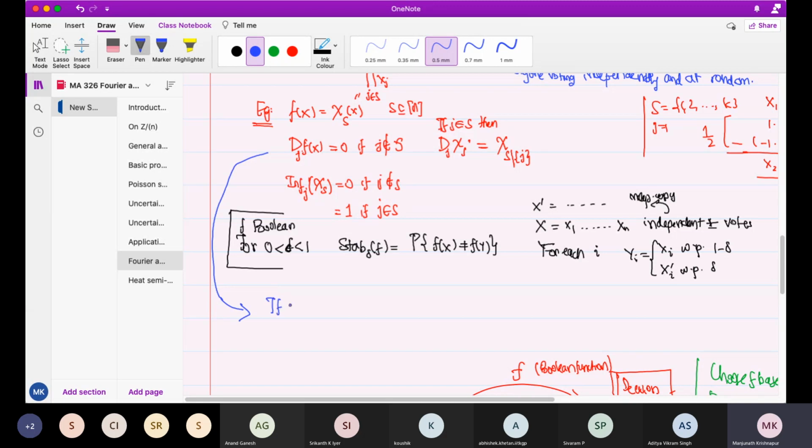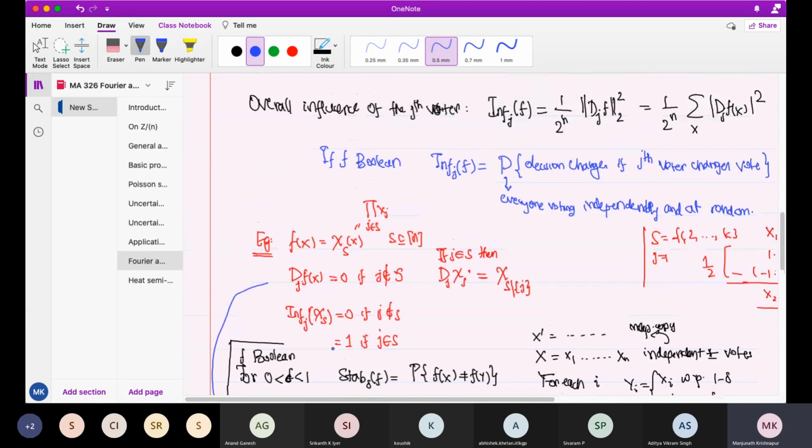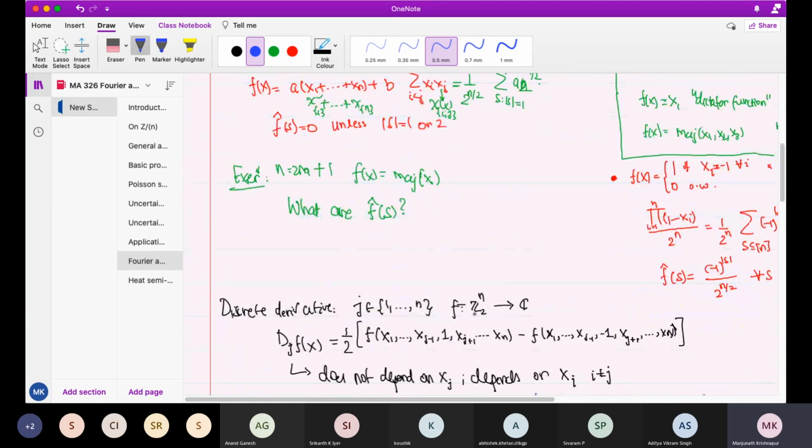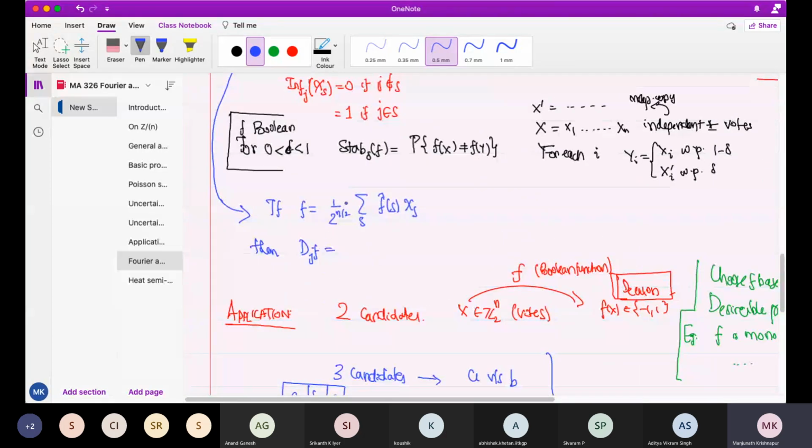If f is a sum of chi s, then DJ is a linear operator, right? By definition DJ is a linear operator, so you can apply it to each of these chi's.